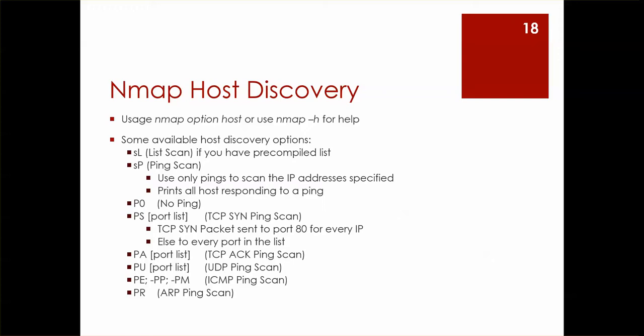We can do a ping scan, which is essentially a ping sweep of perhaps an entire subnet. We have -P0, which is essentially no ping. -PS, which is a port list. These are different examples of scans that we can conduct.